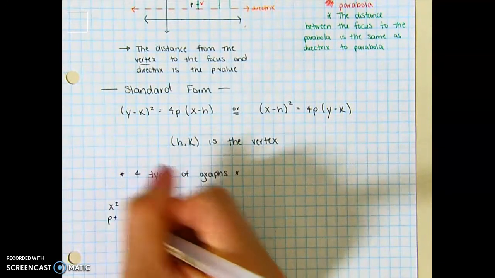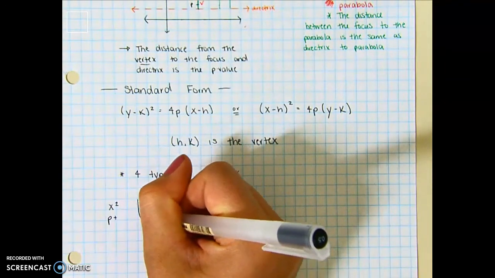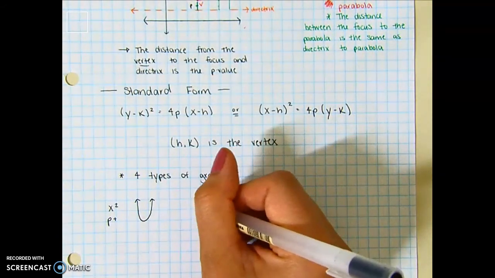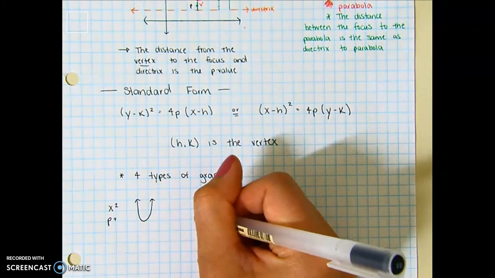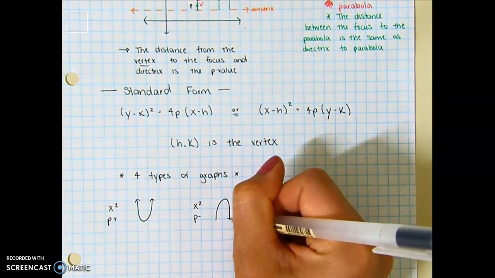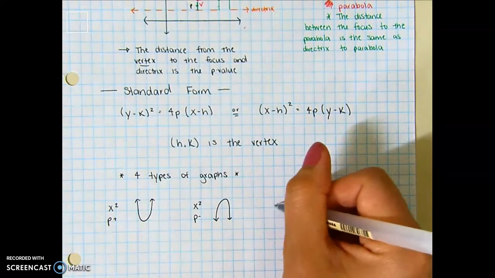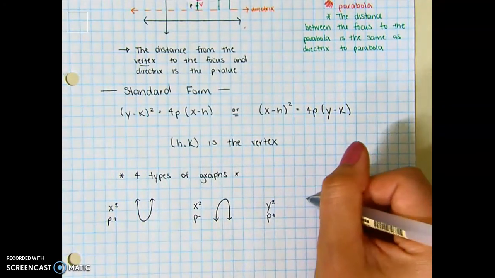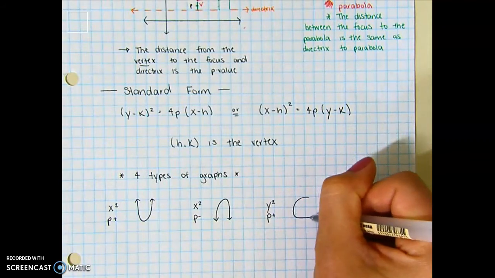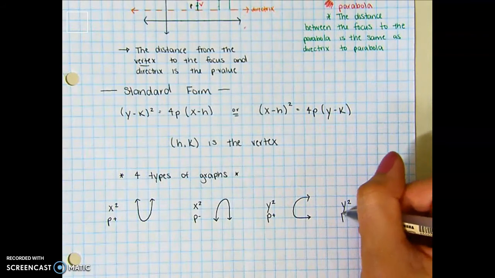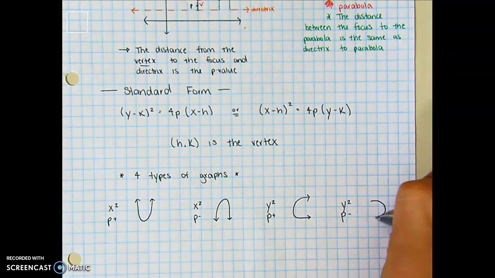So if it's x squared and p is positive, we will be opening upwards. If it's x squared and our 4p is negative, we will be opening downwards towards negative values. If it's y squared and p is positive, we will be opening up to the right. And if it's y squared and p is negative, we will be opening up to the left.